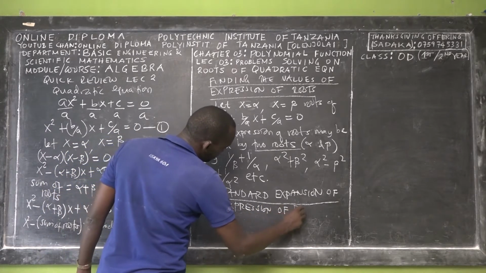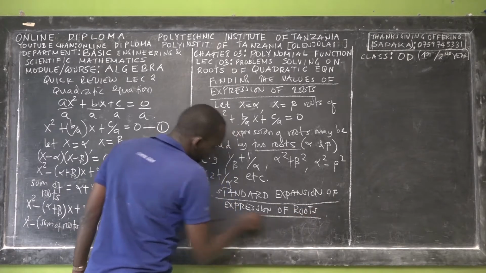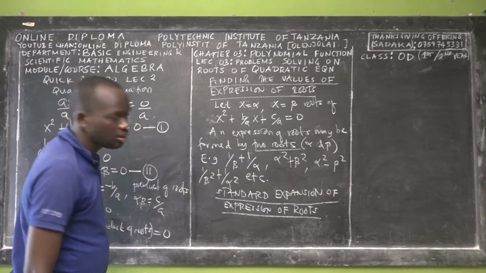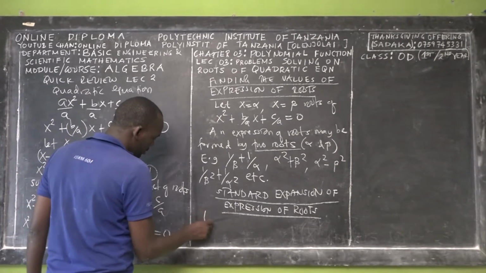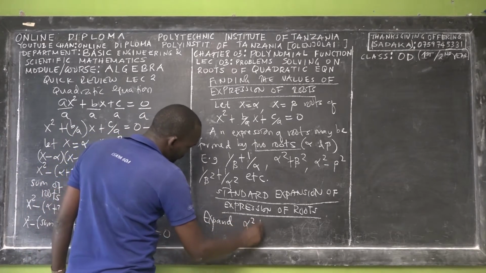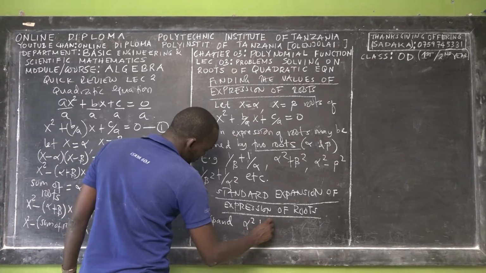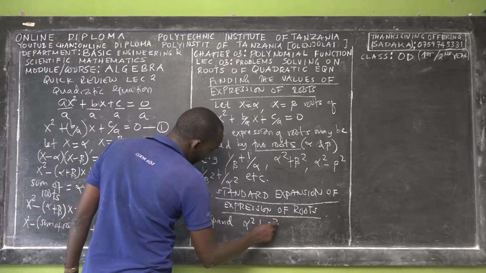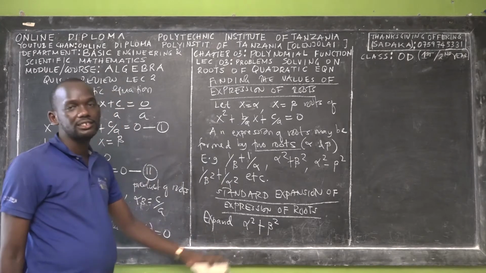For example, our goal is to find the equivalent expression of alpha square plus beta square, because we'll be asked that.